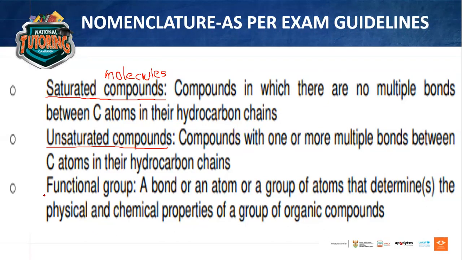And also a very critical definition is the definition of a functional group. Very important definition, because when you understand that a functional group is a bond or an atom or a group of atoms that determine the physical and chemical properties of a group of organic compounds, then you will also be able to understand the next section, which is physical properties.